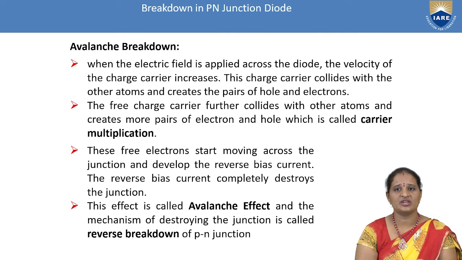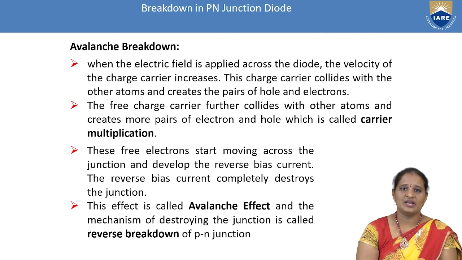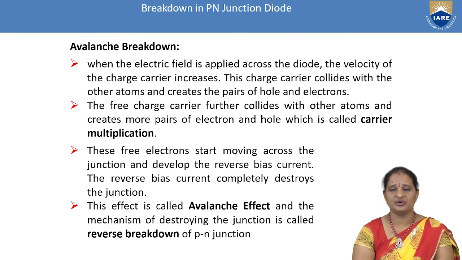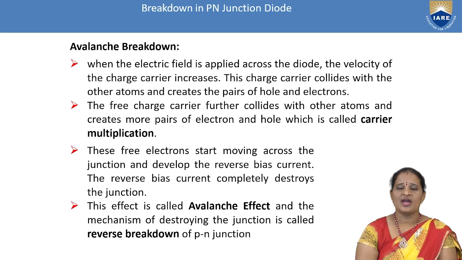Avalanche breakdown is due to the generation of multiple free charge carriers through collisions, and hence more current will be flowing through the junction due to the minority charge carriers, which may further destroy the junction.